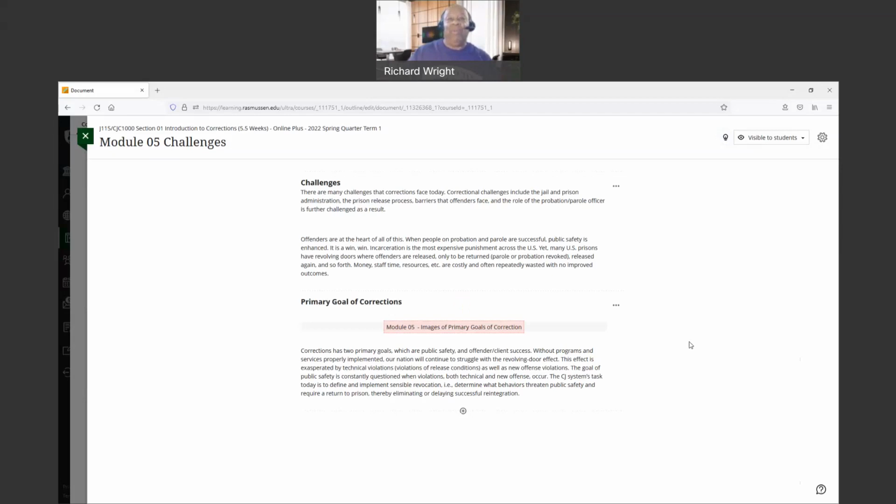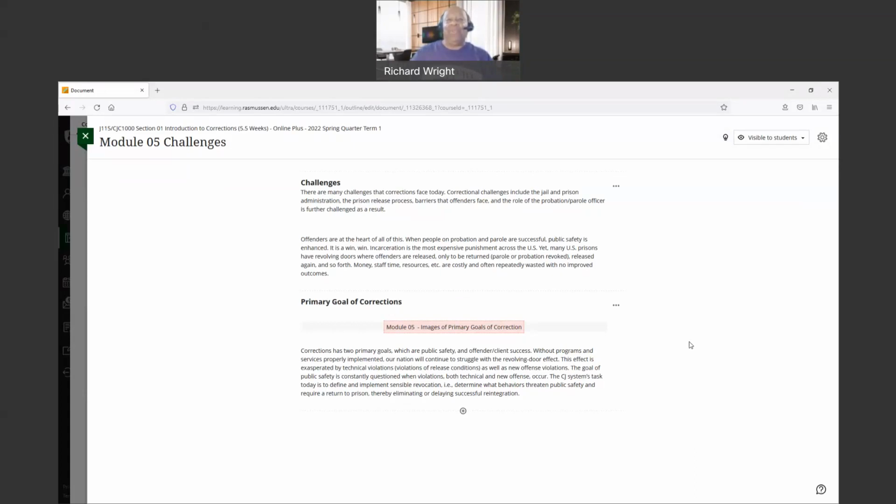Remember, they were either found guilty by a judge or jury, or pled guilty, which means that they did something to violate the law in the jurisdiction where they committed the offense, which means that they need to be corrected, as the root word correct means.